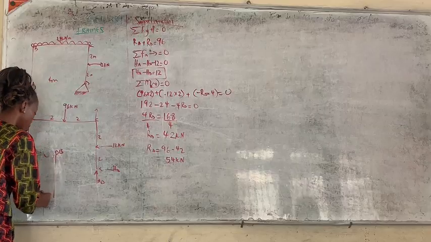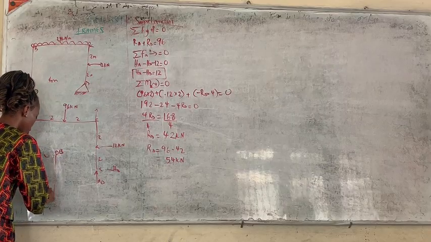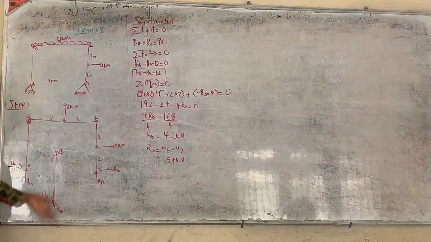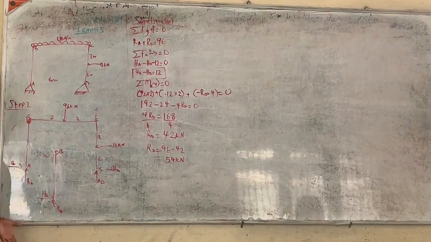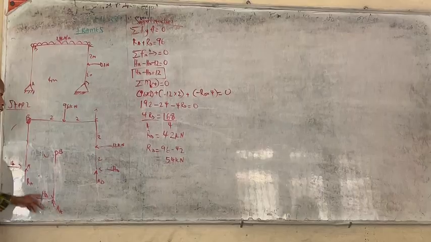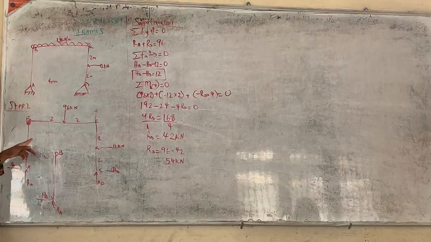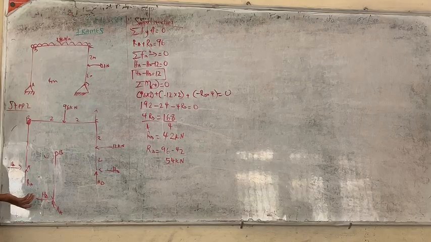So we are left with the internal hinge. RA will not contribute because they are both on the same vertical level. So we are left with HA. HA times 4.